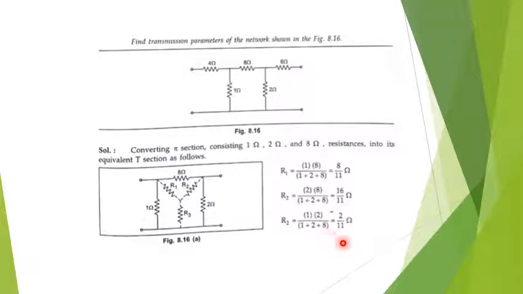So when I do this delta to star transformation, you will find that this 4 ohm resistance will come in series with R1, that is 8 by 11 ohms. Then the 6 ohm resistance will come in series with R2, that is 16 by 11 ohm resistance, and R3, that is 2 by 11 ohms, will remain in the shunt arm.